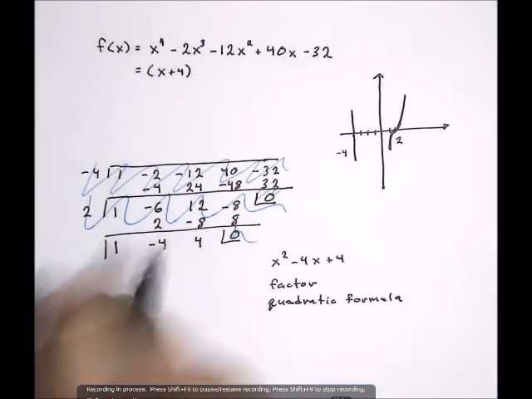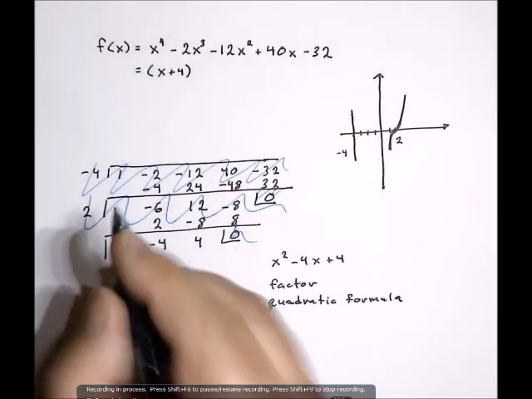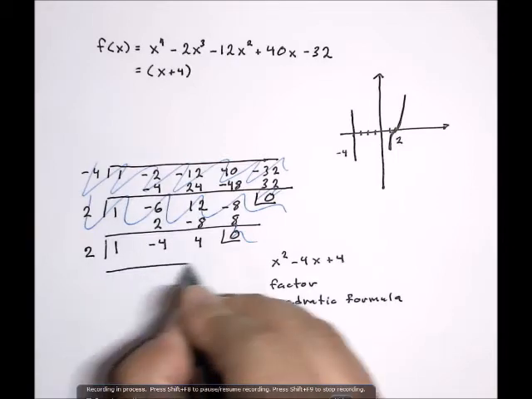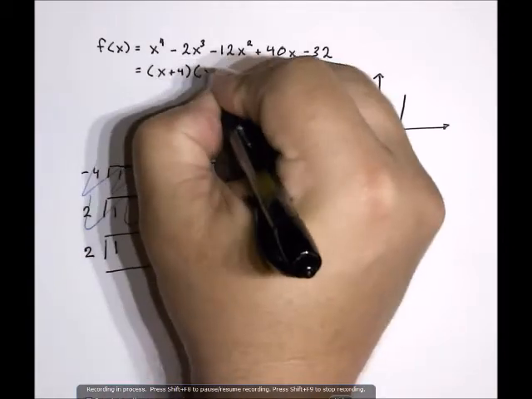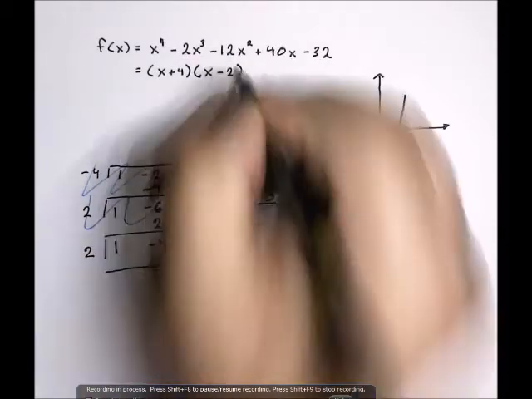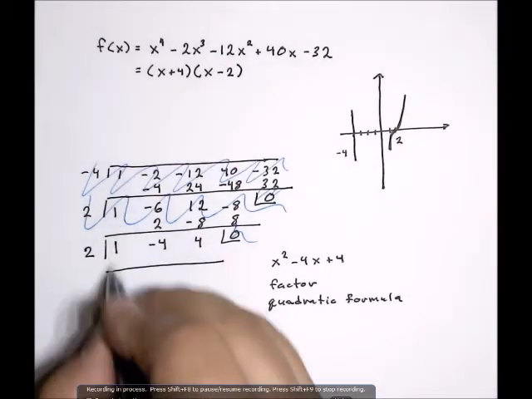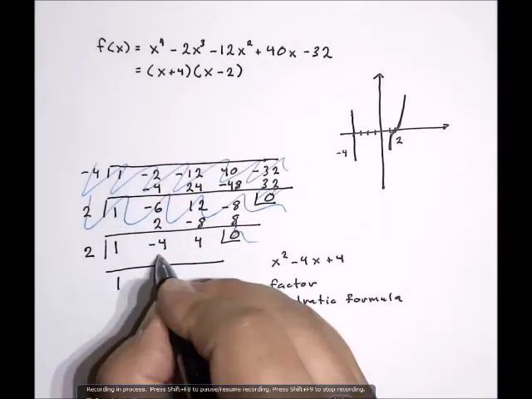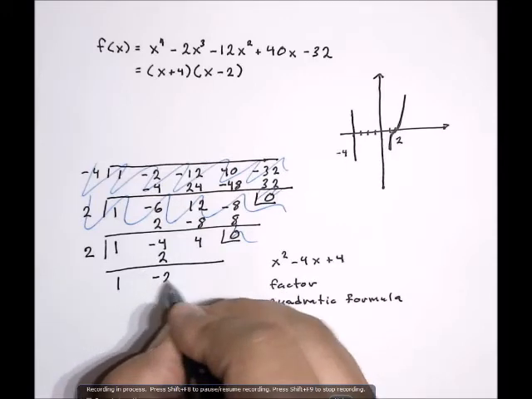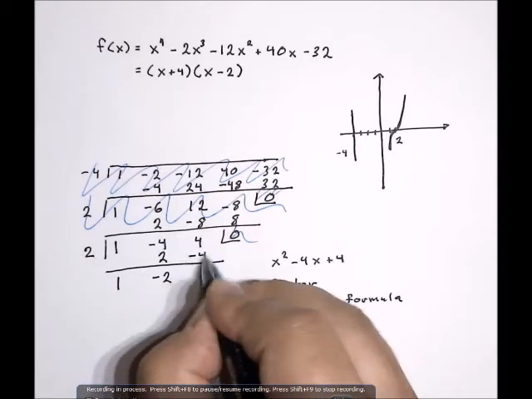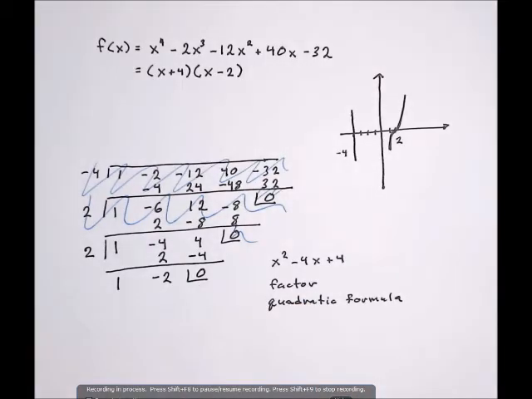So again, I'm going to ignore this. Try pulling out the 2. Let me put the factor up here. And I'm going to see if 2 is a factor of this. So bring the 1 down, multiply by 2 and bring it up. Add together, multiply by 2, bring it up. And it is indeed.